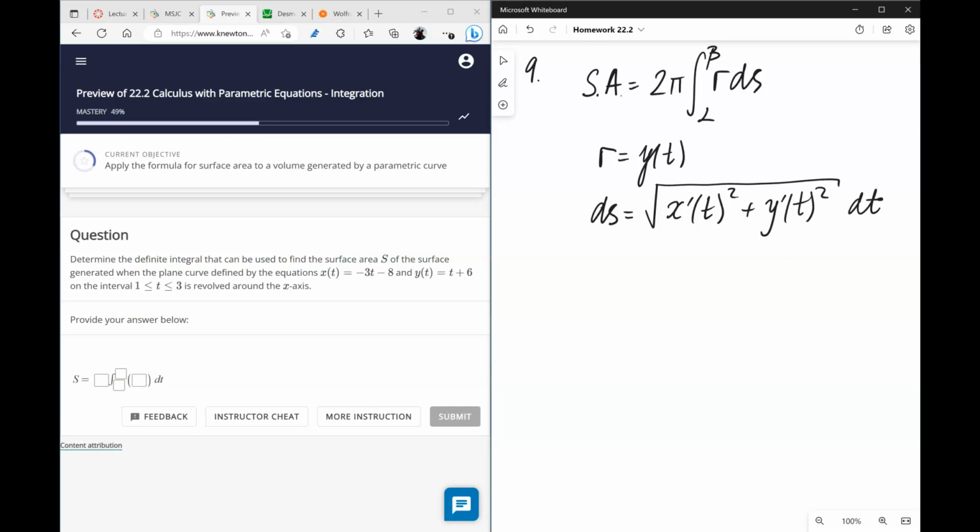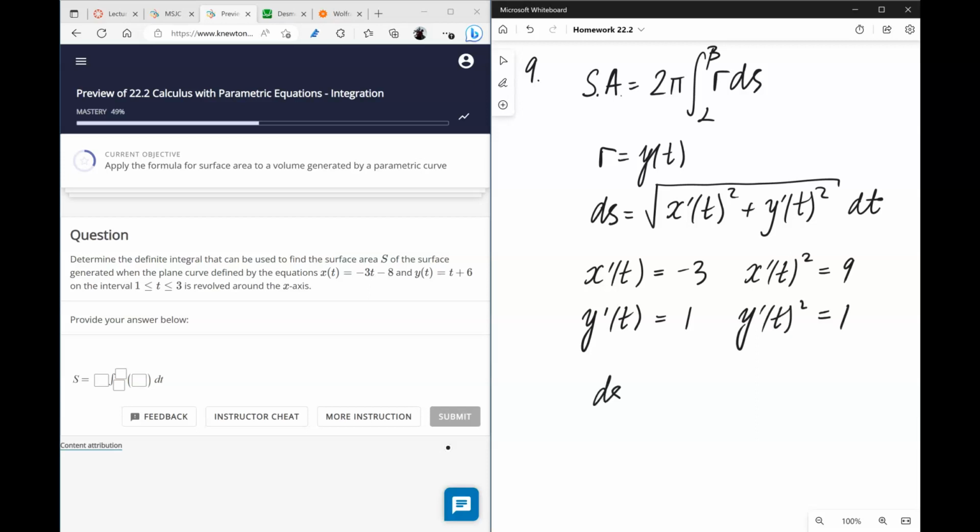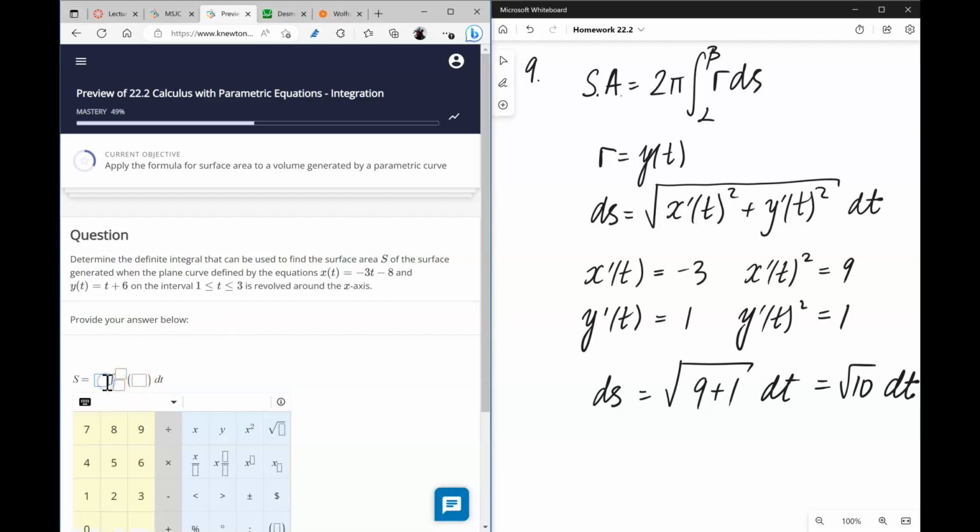And we just need to find x prime of t, which is -3, and y prime of t, which is just 1. So x prime of t squared is 9, y prime of t squared is still 1. So ds will be equal to the square root of 9 plus 1 dt, which is just square root of 10 dt. However, we're not asked to compute anything here. We only have to enter the integral.